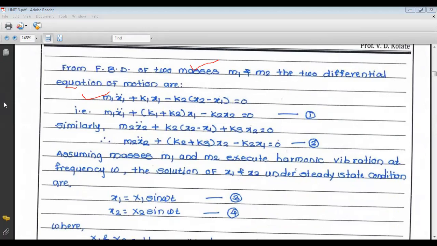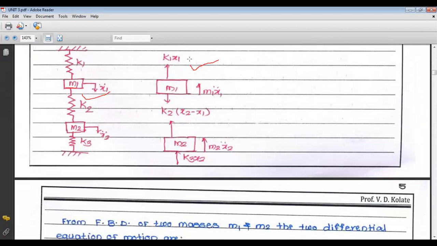Because of these three forces, in the first equation of motion this force is positive because it is in upward direction, and this is negative. For the second, all these three forces are positive.